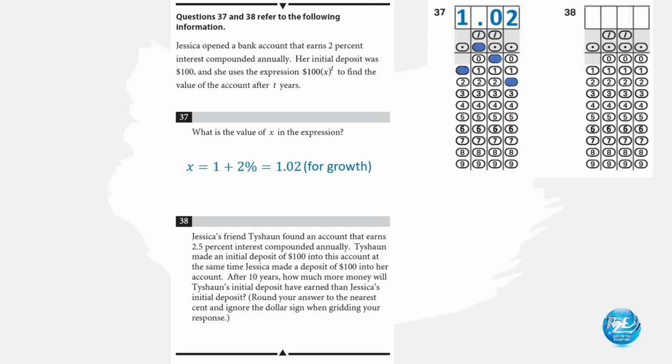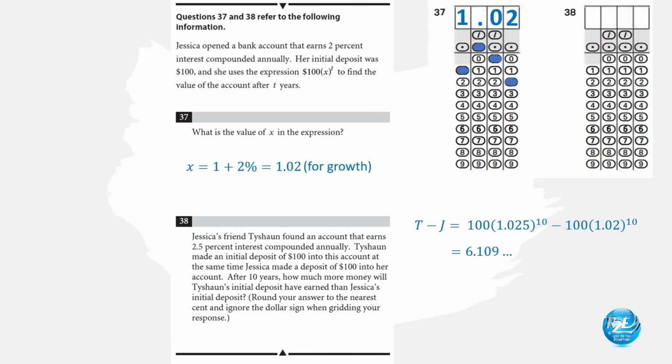Round your answer to the nearest cent and ignore the dollar sign when gridding your response. Okay, so here we just need to calculate the difference between Tyshawn and Jessica's account values at the end of 10 years. Tyshawn will have 100 times 1.025 to the 10th power, and Jessica will have 100 times 1.02 to the 10th power. So we just need to subtract those two values.